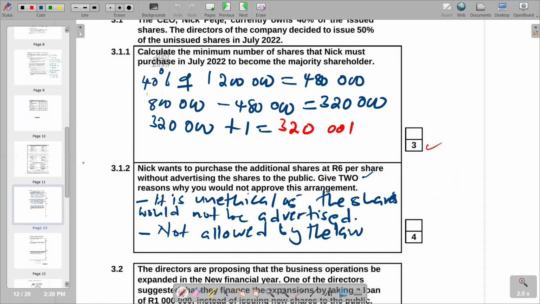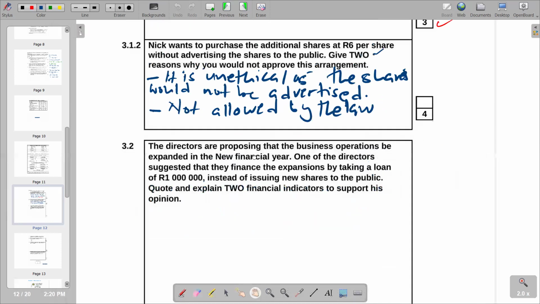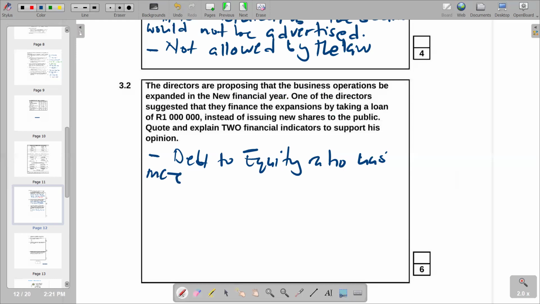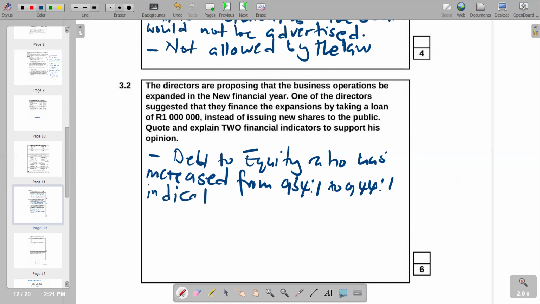So the company still has a low financial risk. The level of 0.44 to 1 indicates a low financial risk. So we raise that point by saying the debt to equity ratio increased to 0.44 to 1, indicating a low financial risk.